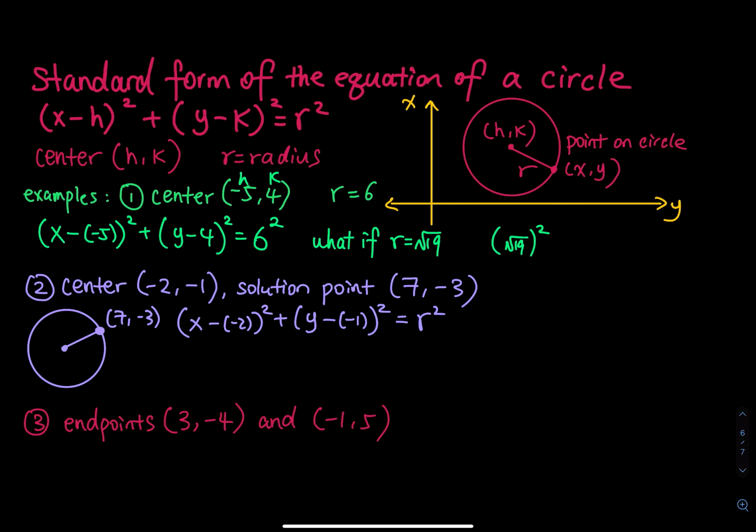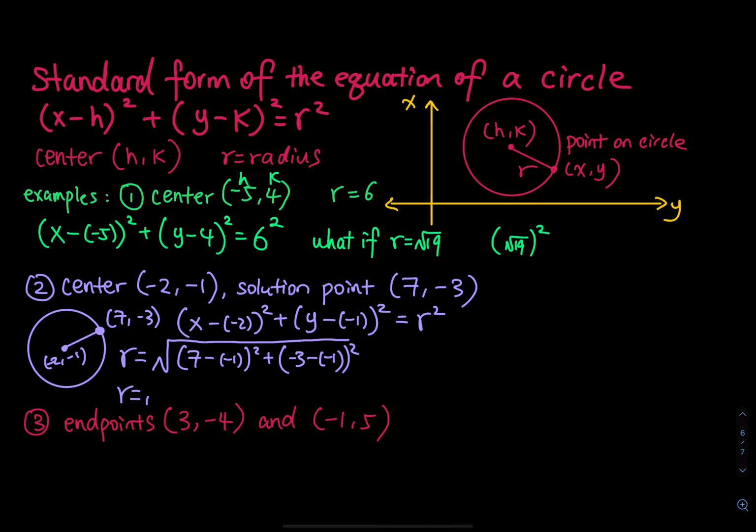Between the center (negative 2, negative 1) and the solution point, you have to use the distance formula to calculate the radius. So the radius equals the square root of x2 minus x1, which is 7 minus negative 2, squared, plus y2 minus y1, negative 3 minus negative 1, squared.